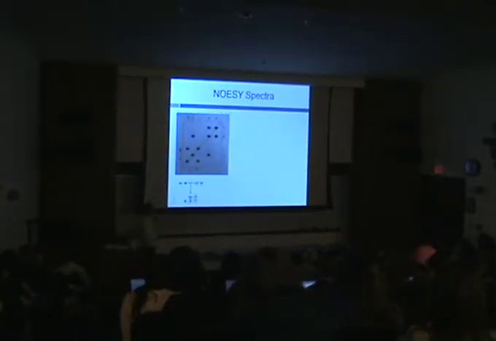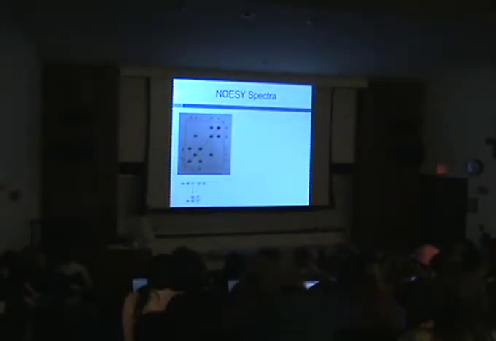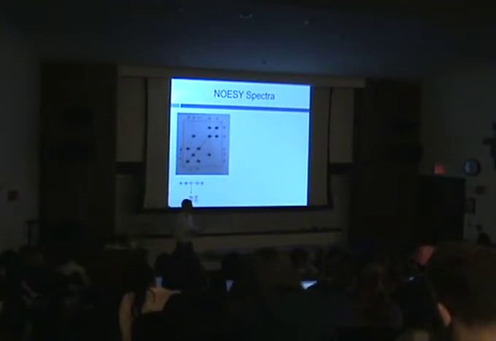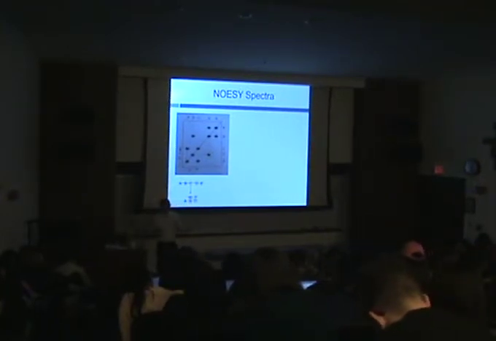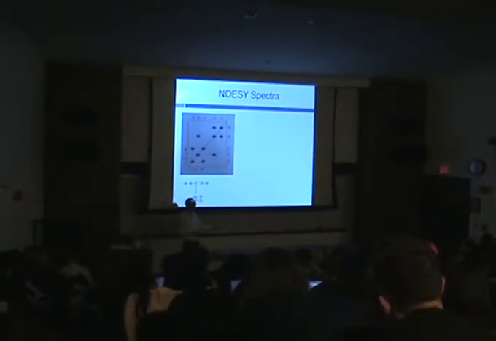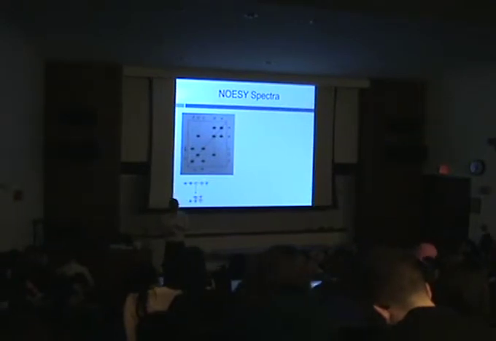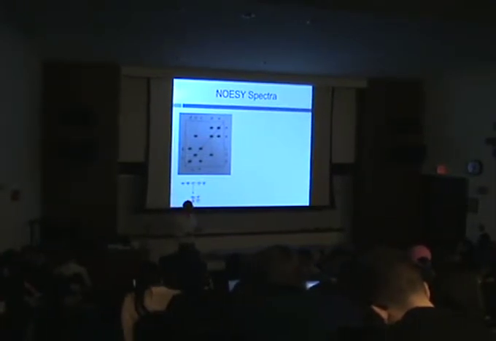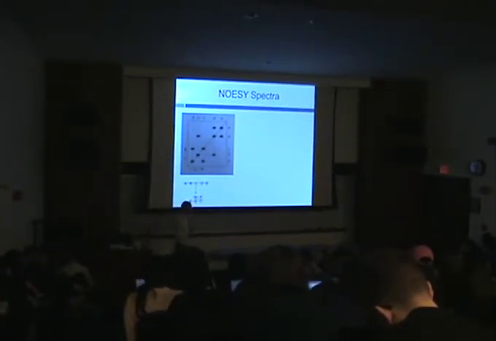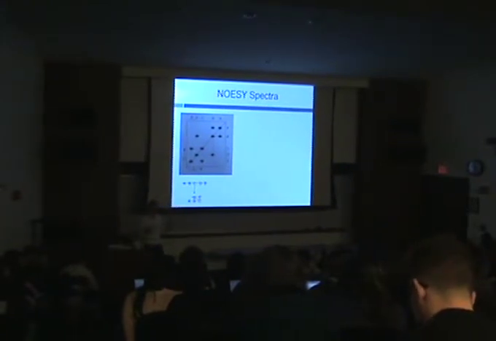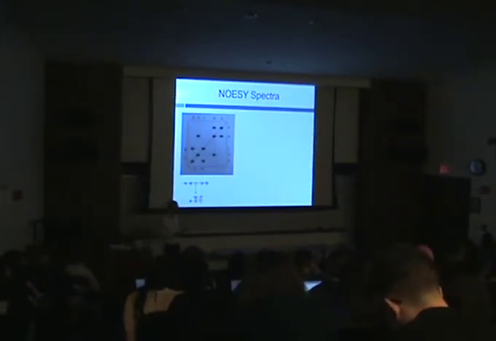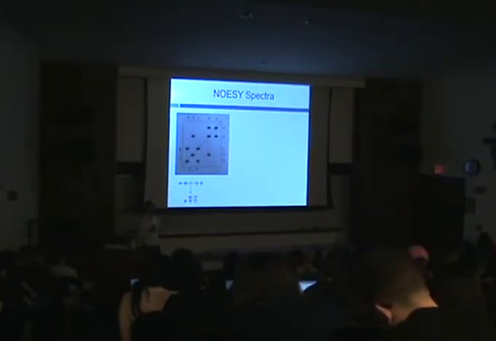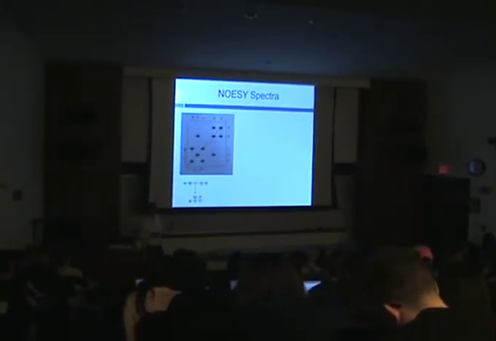And the way that this works is through an experiment called a NOESY. And NOESYs are really cool because now that you know exactly where each of your atoms are in these spectra, you can use another spectra that tells you how far apart they are. And basically, if those two atoms are within 5 angstroms, they will give a cross peak like this.